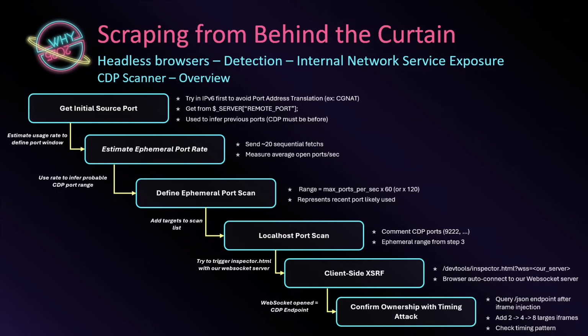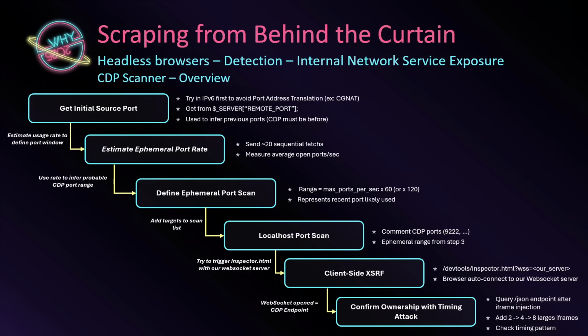How does our proof of concept work? Puppeteer and Selenium, when you use Chrome, open the Chrome DevTools Protocol service on an ephemeral port, a random port. The aim is to determine this ephemeral port, because it's complicated to scan 65,000 ports.